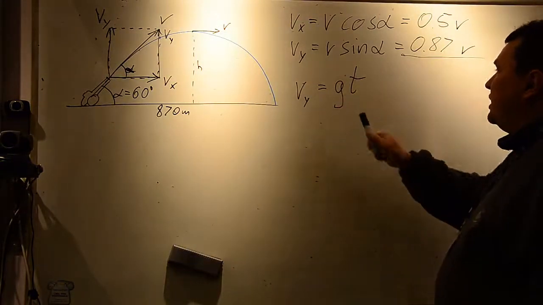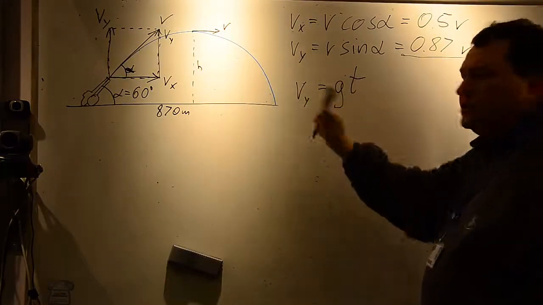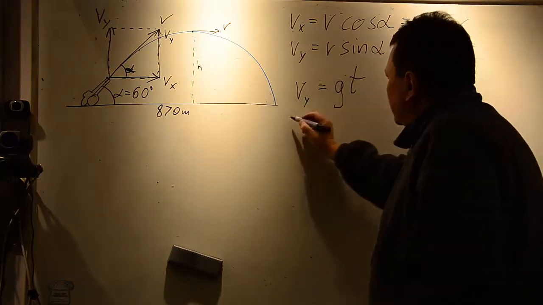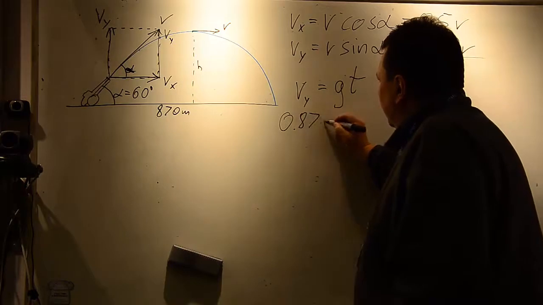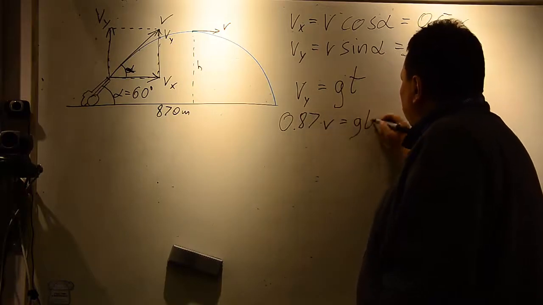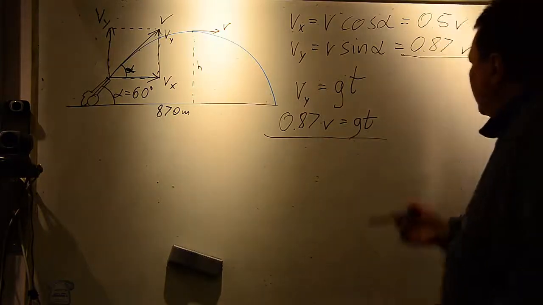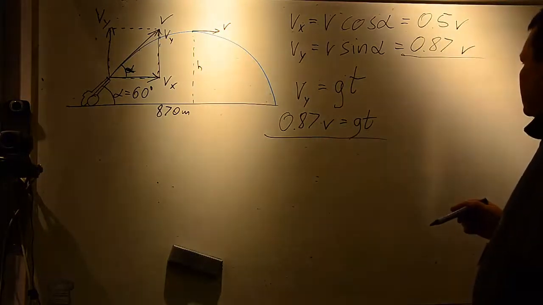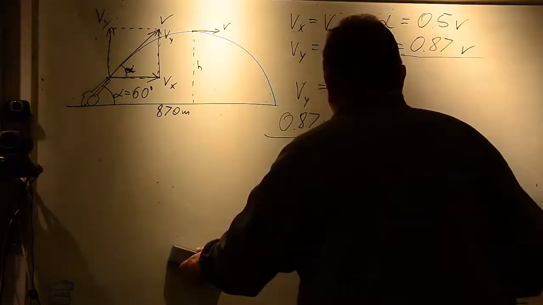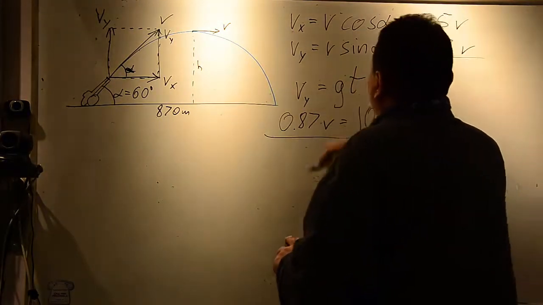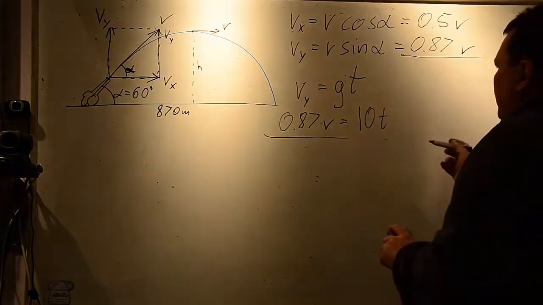So we know g, we don't know t, we don't know Vy. But we know that Vy is 0.87V. So 0.87V equals gt. And nothing particularly more that I can find here. I could actually say 10t because I know the g value.